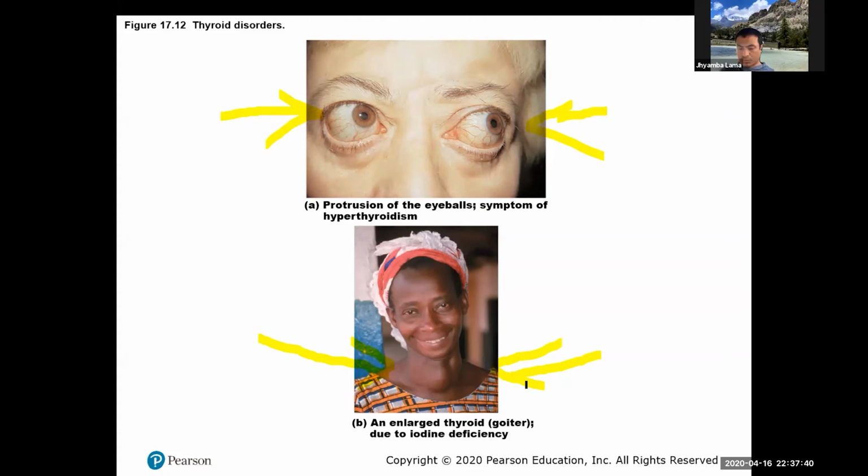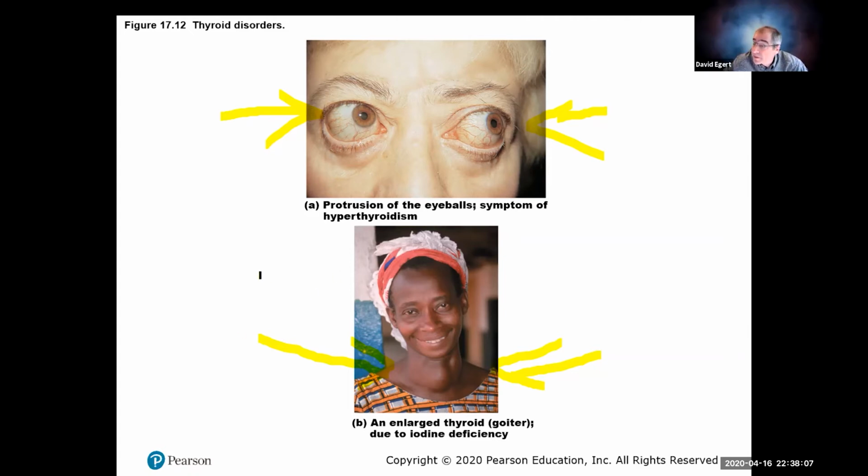And so if you are not making enough thyroid hormone, what in your pituitary gland is going to be talking to the thyroid gland saying we need more thyroid hormone? Thyroid stimulating hormone? Yeah, exactly. Thyroid stimulating hormone.